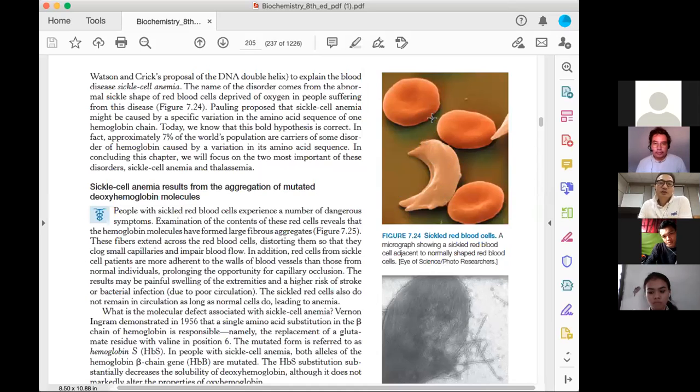You can see this is the normal hemoglobin right here, and this is like a sickle, a half moon, right? And this is the red blood cell that has mutated hemoglobin. Where can you find the people who have this kind of hemoglobin? It's mostly in West Africa.